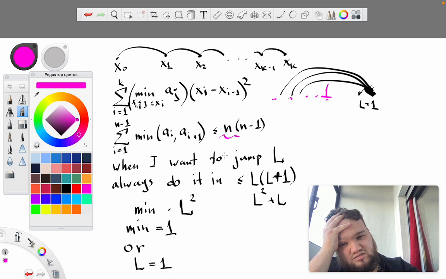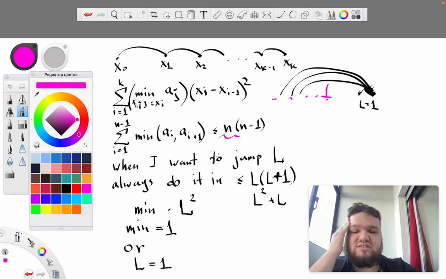This n is the limitation on a_i, and if I'm thinking about jumps of length L, the elements can still be big, so I can always do it in L times n.